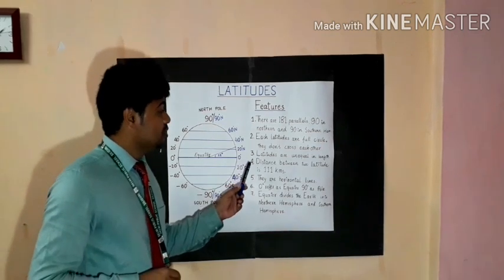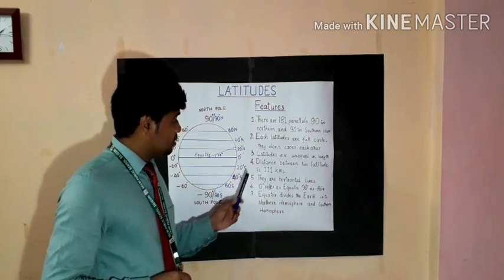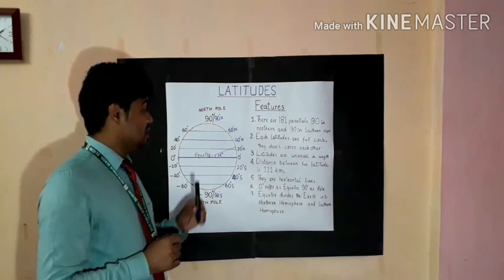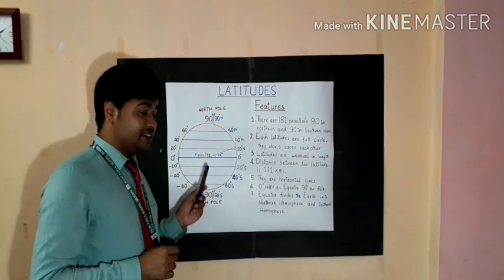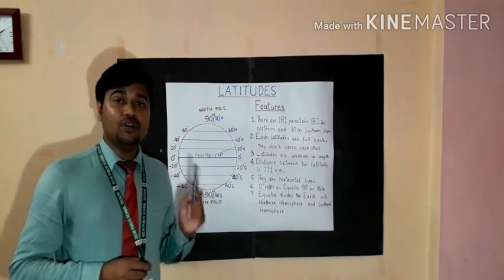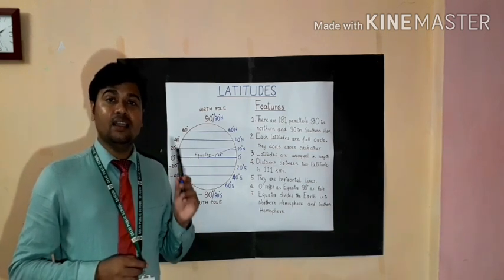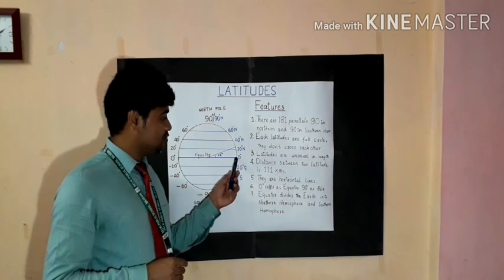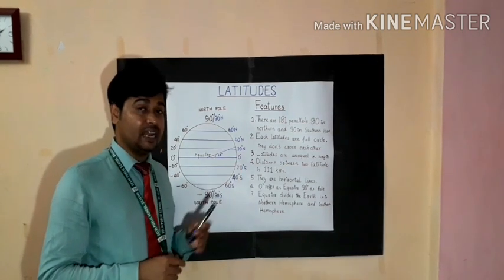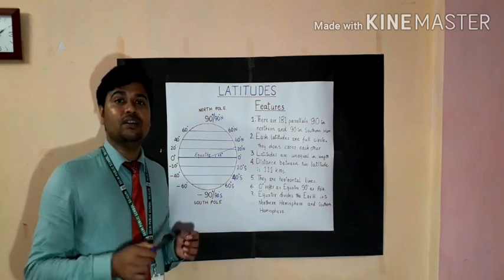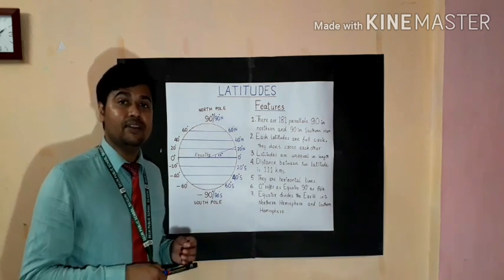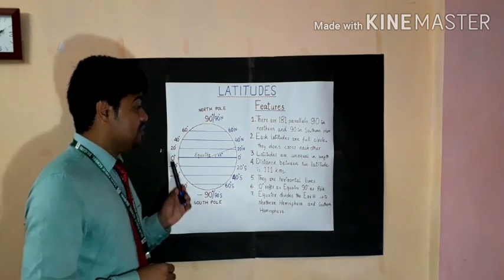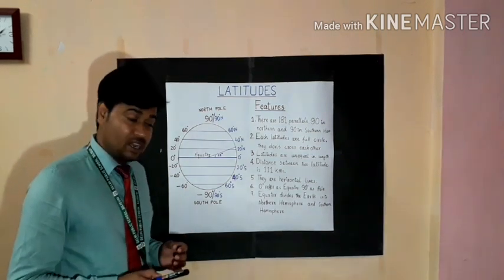Now number 4, the distance between two latitudes is 111 kilometers. So the distance between 0 degree latitude and 1 degree latitude is 111 kilometers. Number 5, they are horizontal lines.